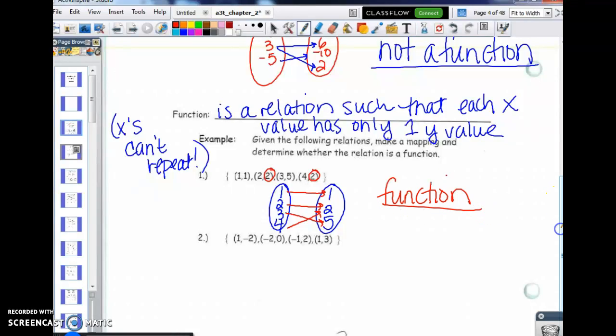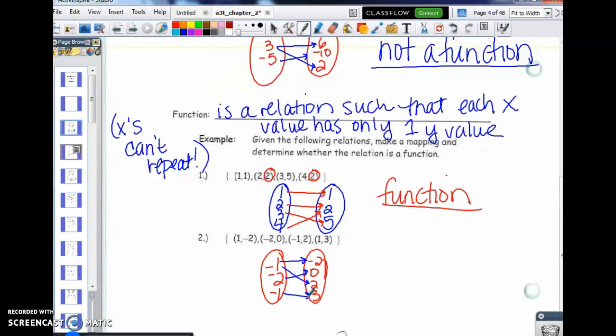And if you look at our last one here, we have -1, -2, -1, and -2, 0, 2, and 3. We do our mapping for this. 1 goes to -2. And we have -2 goes to 0, -1 goes to 2, 1 goes to 3.